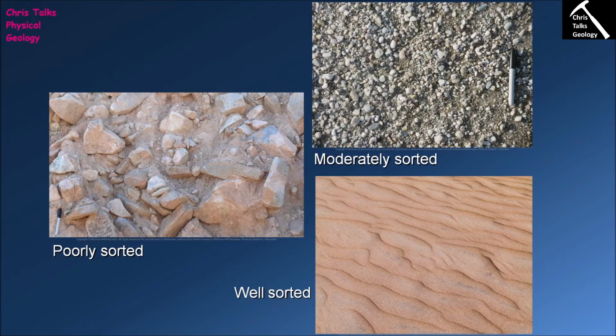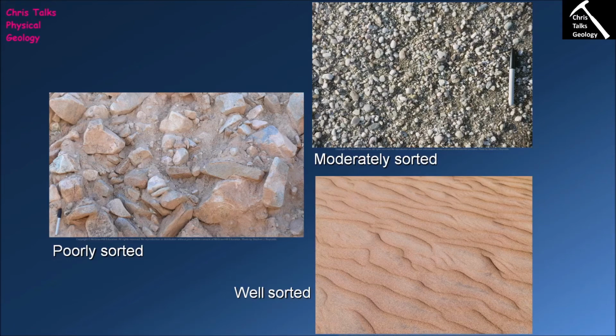And once again, it tends to come down to how long your sediment has been transported for. Typically, the longer your sediment gets transported for, the better the sorting becomes. So why is that? Well, once again, it's all to do with clasts bumping into each other and bumping into other stuff. As this sediment gets transported, the clasts are obviously going to hit each other. And this means the big clasts are slowly going to get broken down by all of these impacts.